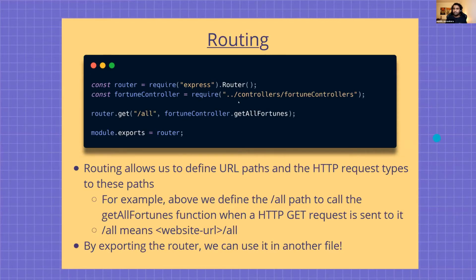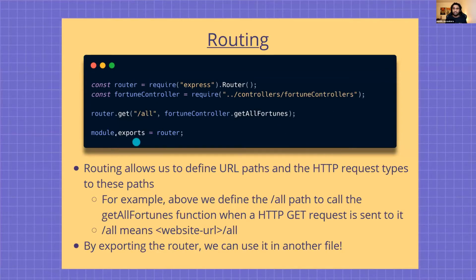So up here, we do use Express, which is the E in our main stack. And we use the router function to create a router that we can use throughout our application. And that's what we do here. We also get the methods that we have from the Fortune controllers that we just coded. So we can provide operations that can happen at certain points in time.